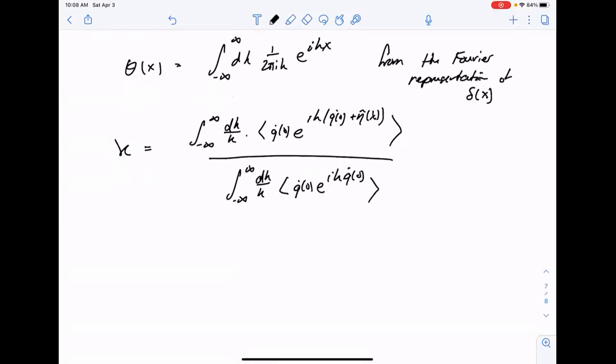As eta is a Gaussian random variable, this is just a usual Gaussian integral that we know how to do.